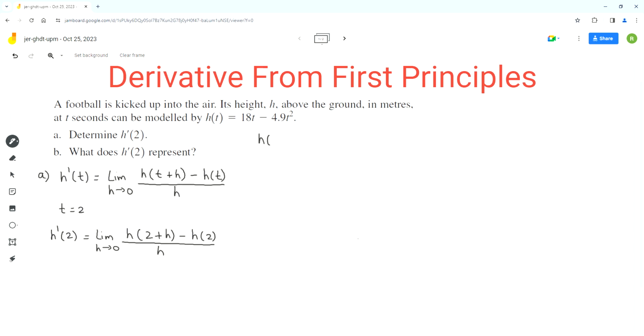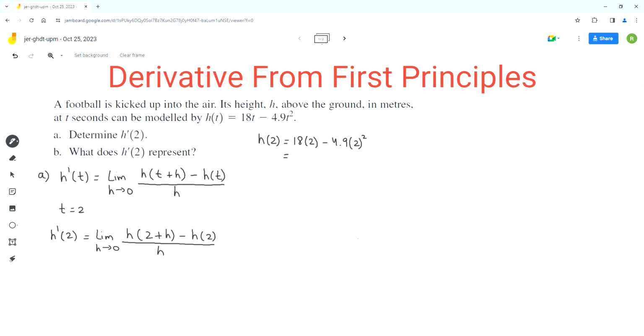We can sub in t as 2 in the given equation for h. So we get 18 times 2 minus 4.9 times 2 squared.